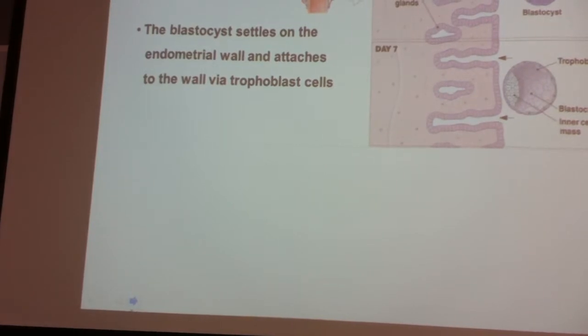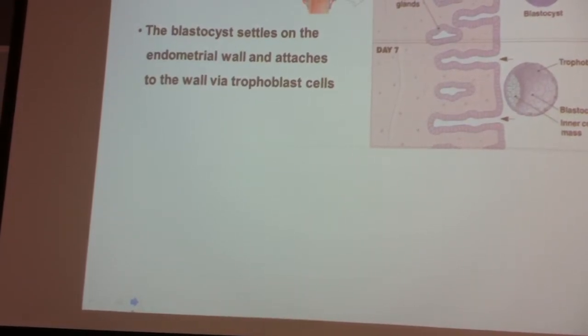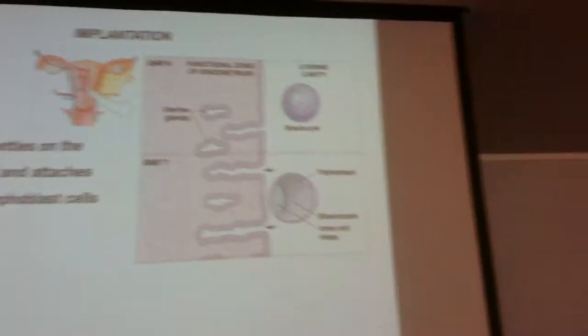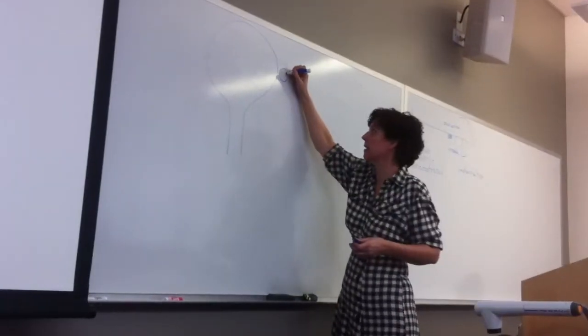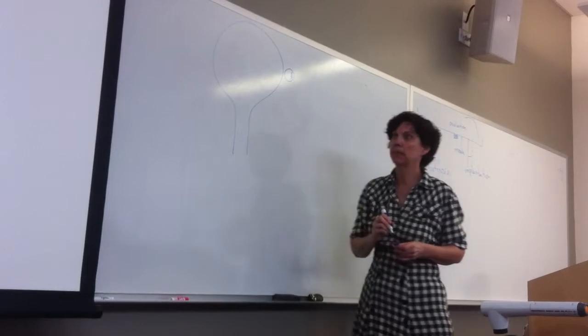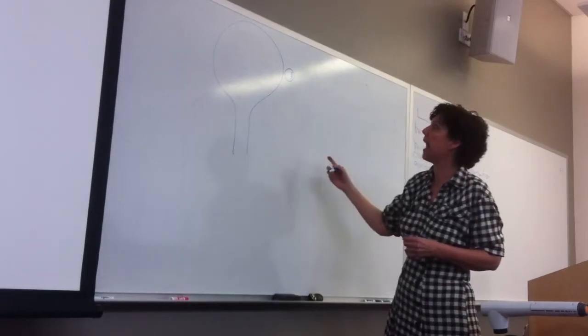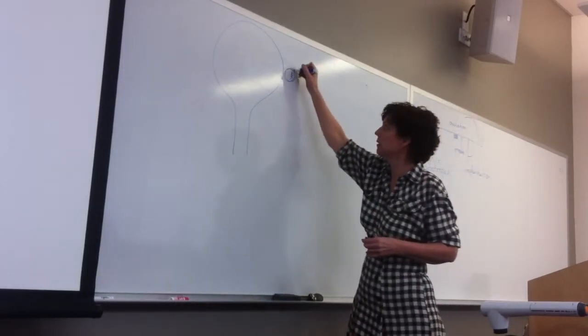The blastula comes in, settles down, and implants underneath, through, and within the stratum functionalis. So this is not a cell. This is the blastula with its inner cell mass. Okay, it's going to develop its placenta from that structure around here.